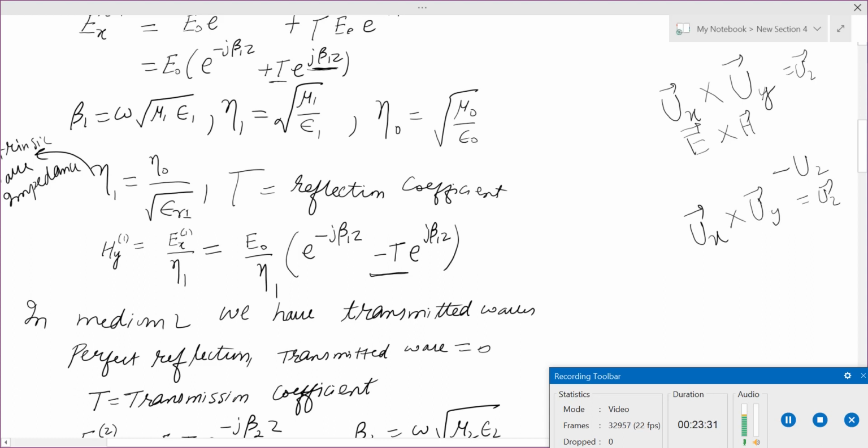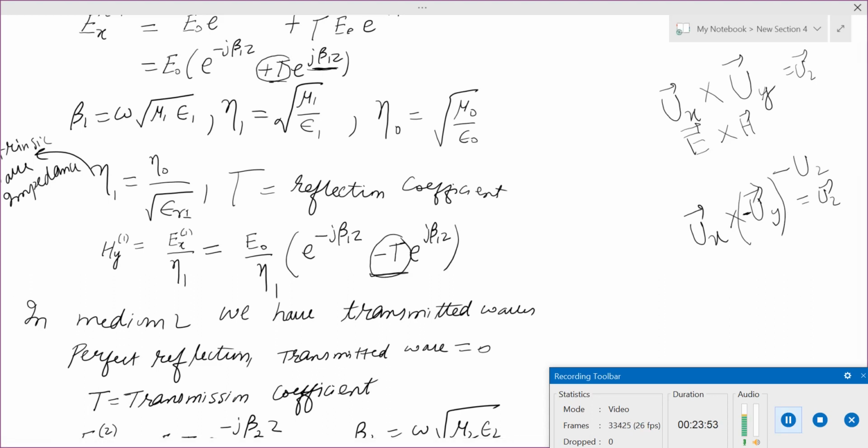But we know reflection changes the direction, it will be minus Uz. For that purpose, one of the components has to change sign. That is why minus Uy should be the direction for the magnetic field. Hence, instead of plus gamma, for the magnetic field we write minus gamma. That is very important.